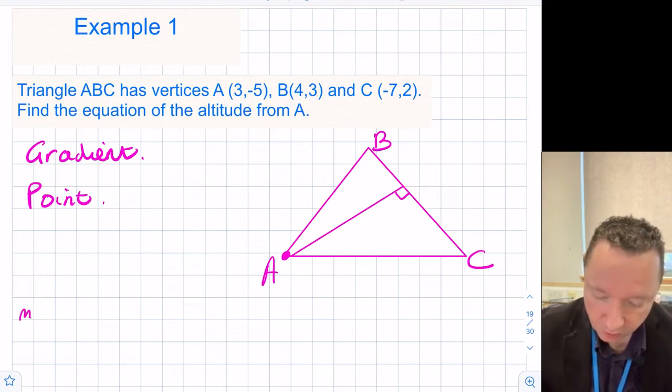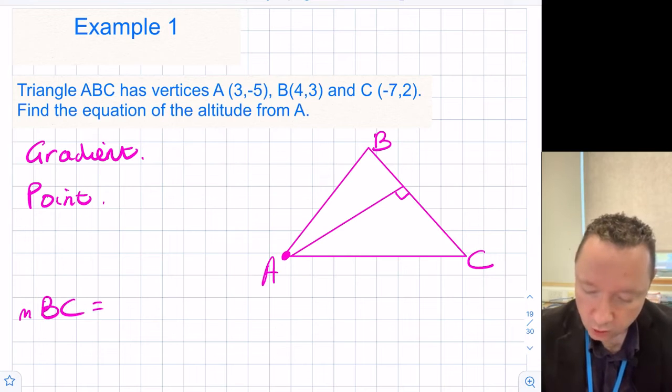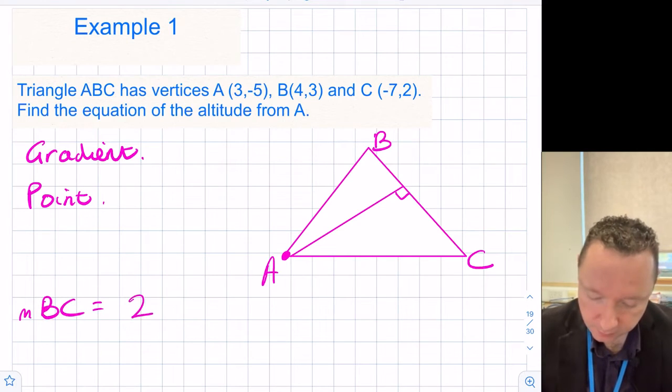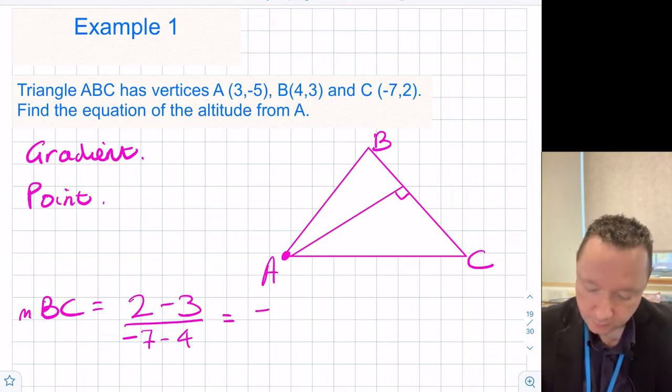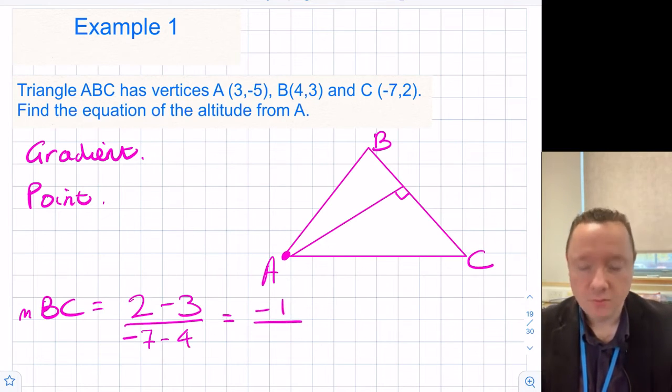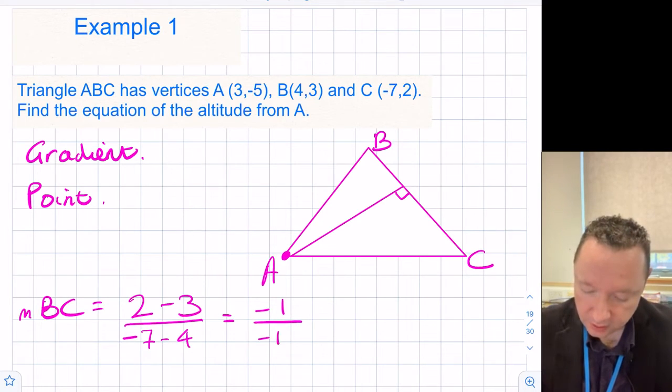The gradient of BC is equal to, well, 2 minus 3 over -7 minus 4. 2 minus 3 is -1. -7 minus 4 is -11, or simplify that to just 1 over 11.